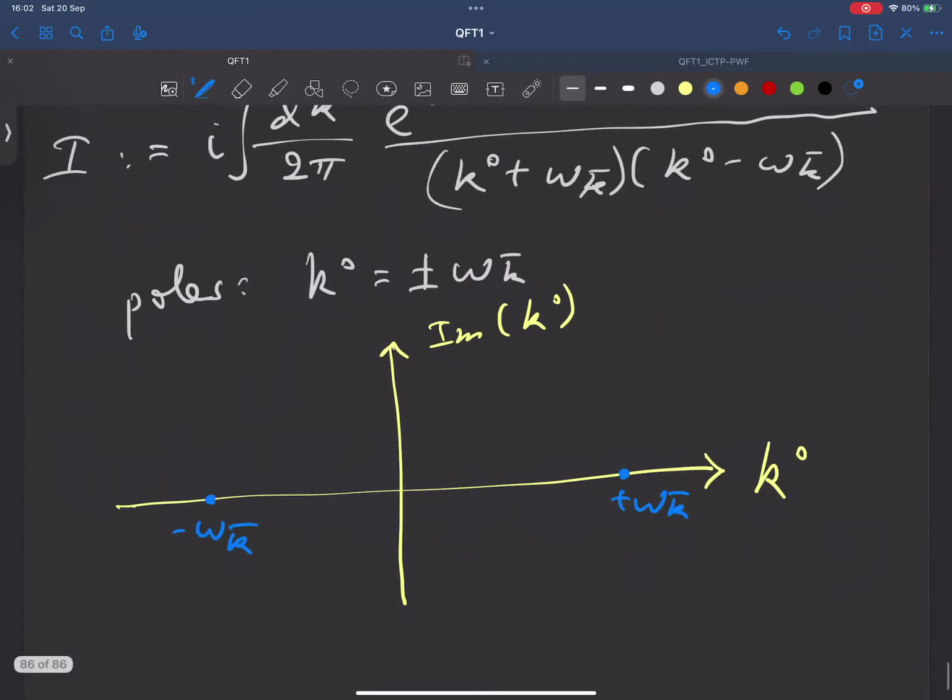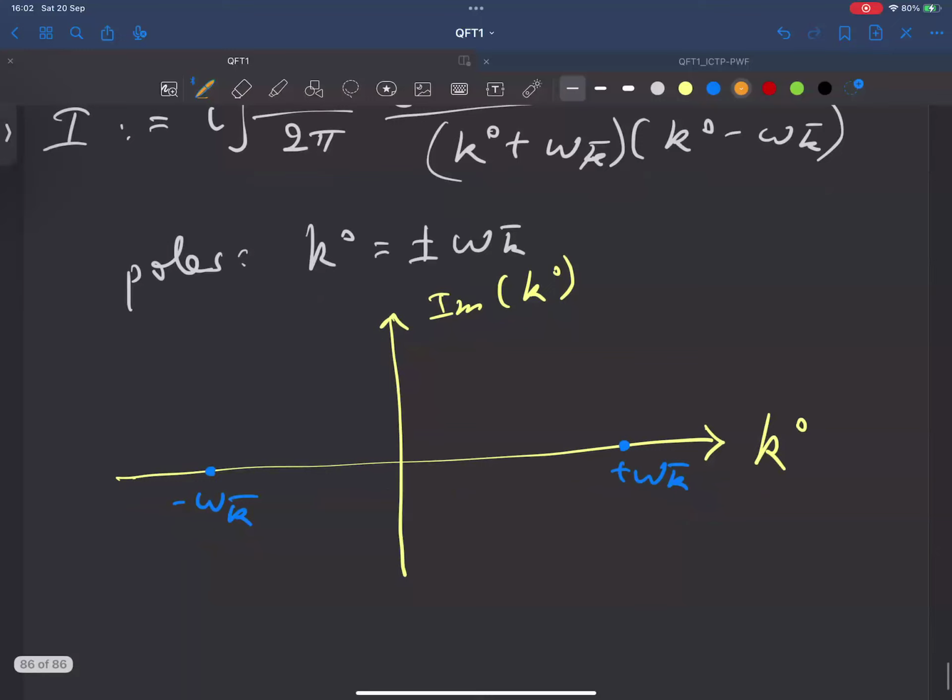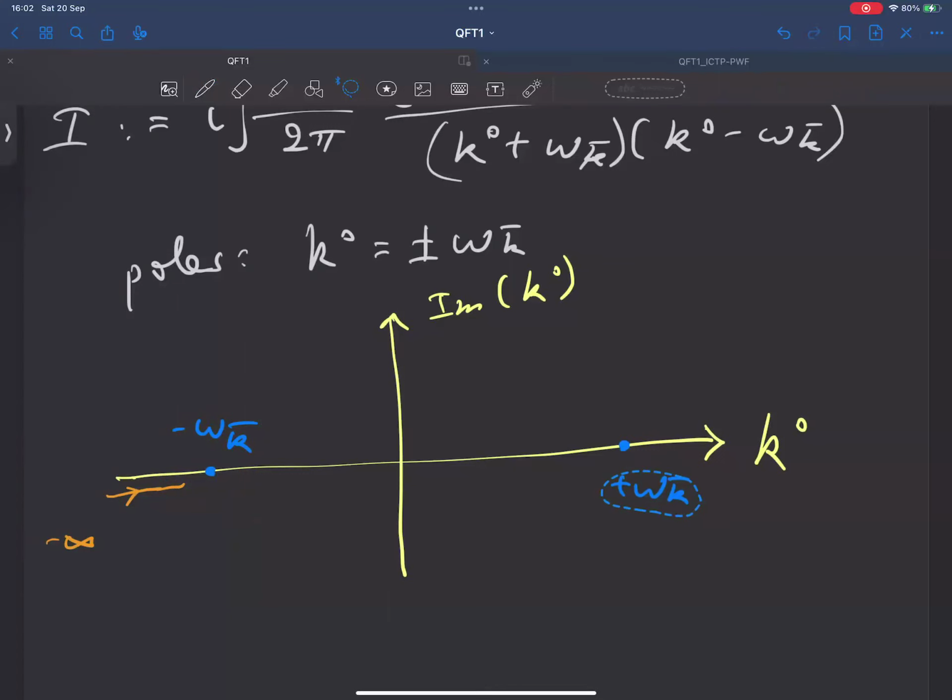Now I will describe a prescription, and then we will see that it indeed gives us the right answer. We start from minus infinity on the real axis because that's the integral domain. Then we go down around this pole, all the way here, and then we go up around this pole.